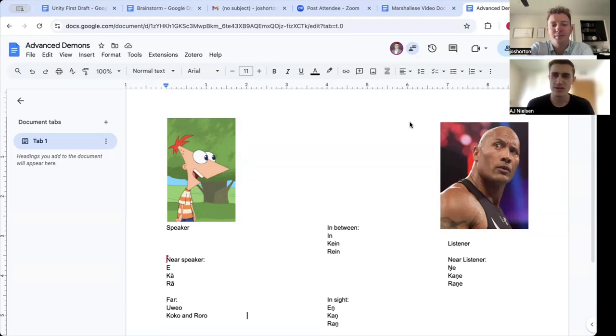We'll start with this near speaker one. Let's say Phineas says to the rock, "Hey, do you see this tree?" That would be this tree next to Phineas, because that tree is next to him. So we'd use a, singular.